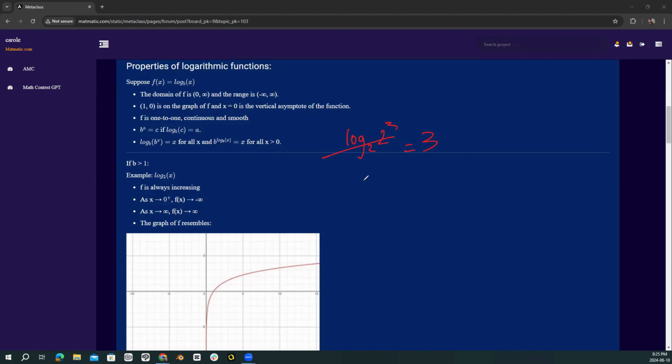It's also the same for the other one: 2 to the power of log base 2 of 8 is still equal to 8, because this just cancels out and we're only left with 8. So yeah, that's for any values of x that are greater than 0.